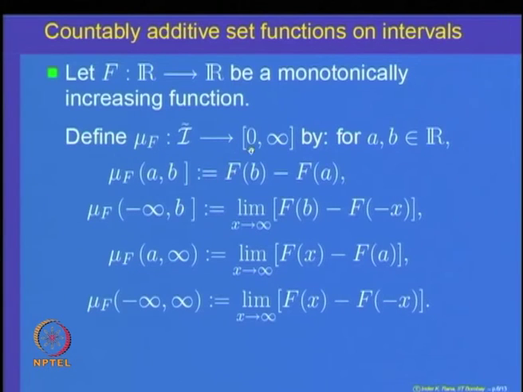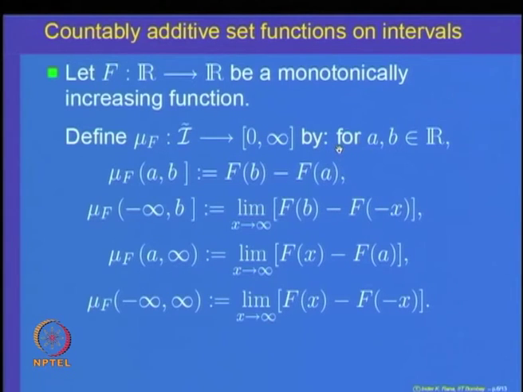And one can write down a proof of this on the lines of when we proved that the length function is countably additive. On the same lines one can prove that this set function mu f is also countably additive.